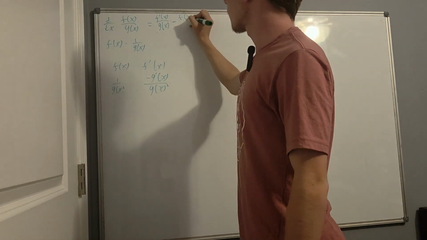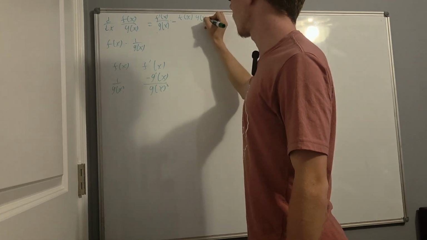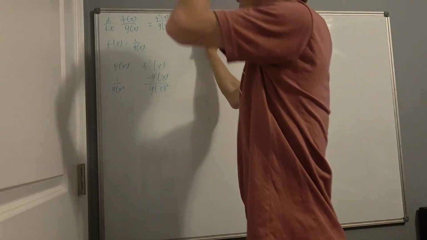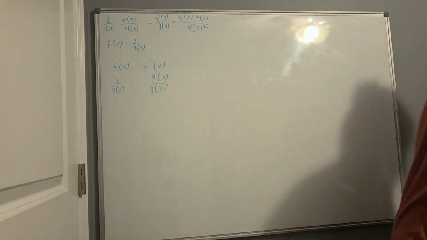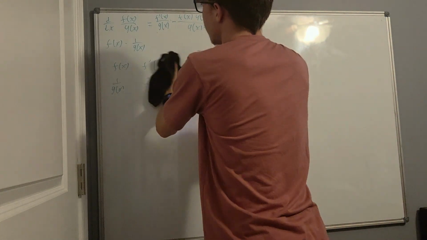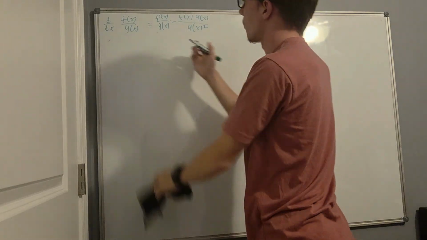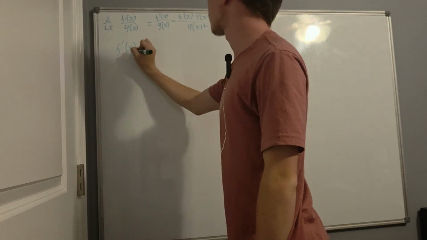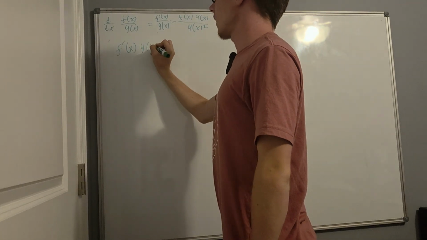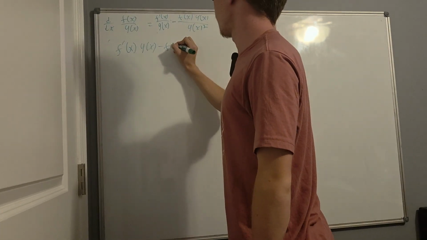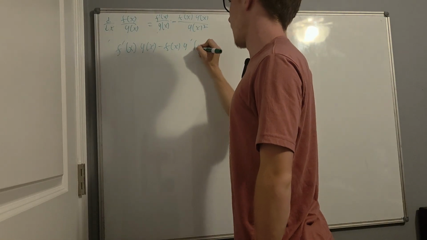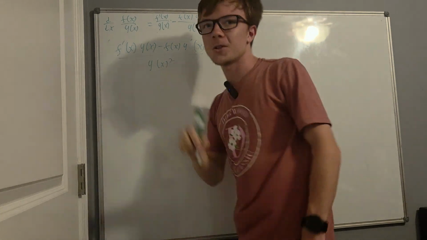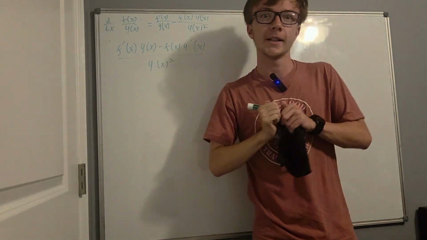Minus f of x times g prime of x over g of x squared, right? Now, just simplifying fractions, we'll multiply this side by g of x. So we're going to end up with the quotient rule: f prime of x, multiplied by g of x to make it equivalent, minus f of x times g prime of x, all over g of x squared. It's pretty cool, right?